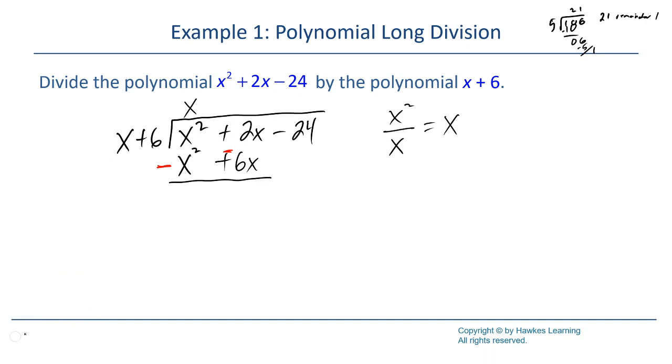And then when you do that, this becomes 0. 2x minus 6x gets me negative 4x. And then I have to bring down the negative 24.